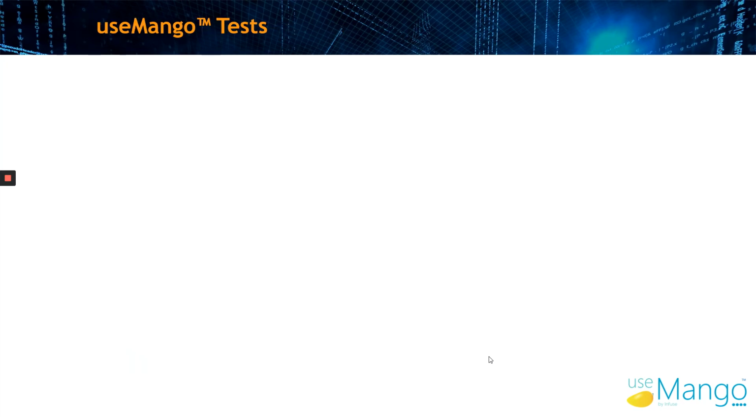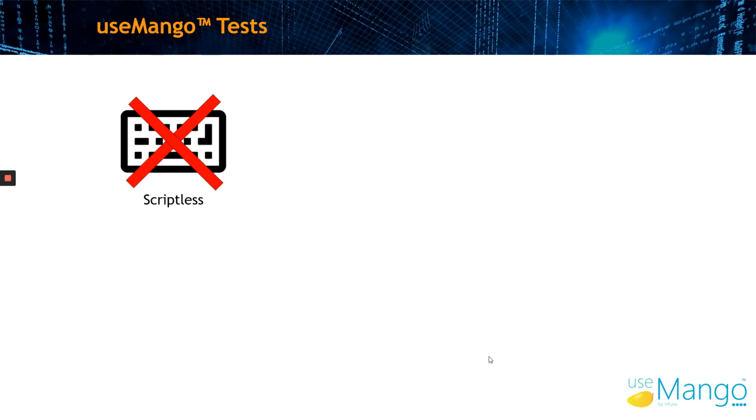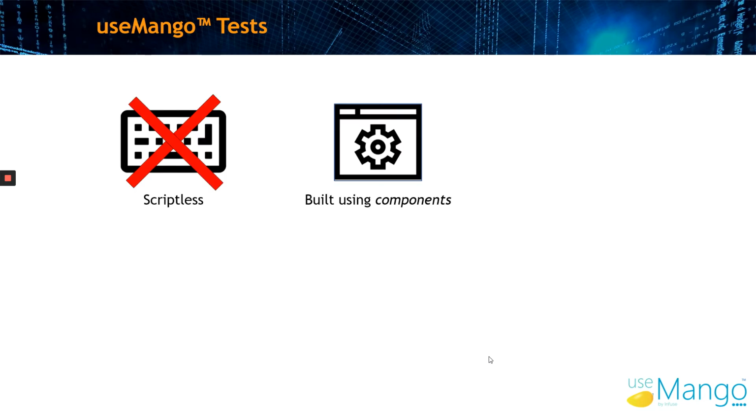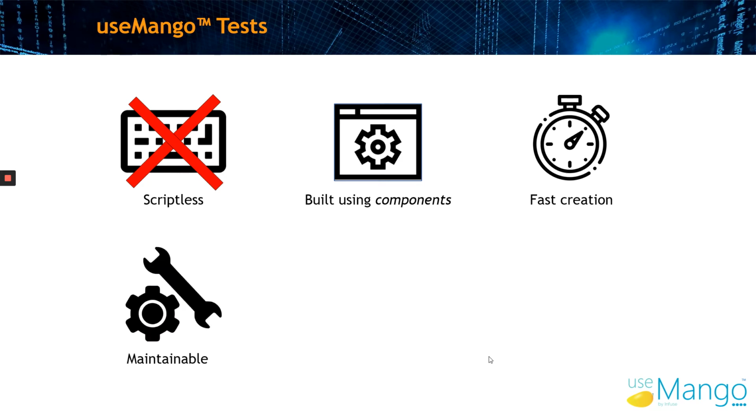Talking about useMango tests, they are designed to be scriptless and are constructed using components. These components are the building blocks of the test, pre-coded and ready to go. Our aim is to allow users to quickly put the test together, and we want the tests built in useMango to be maintainable. The reason for that is it can be quite an investment to build automated tests, and we know things change over time, such as the application, implementations, and features.